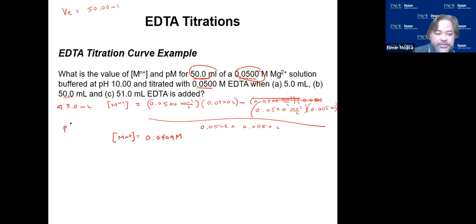So if you're going to get the pM, that is just equal to the negative log of that. I get 1.39. Everybody got that?